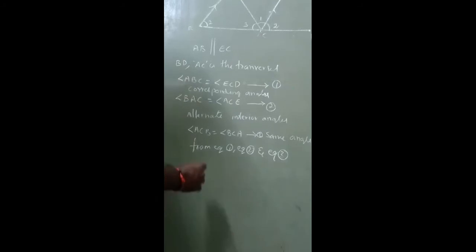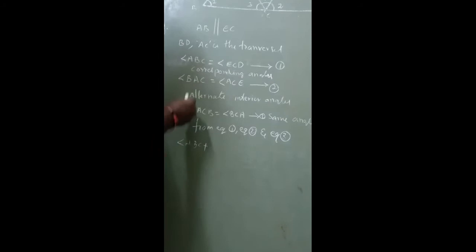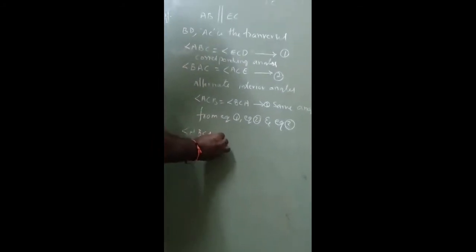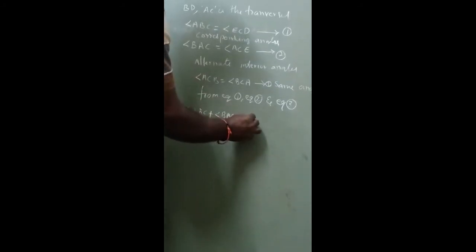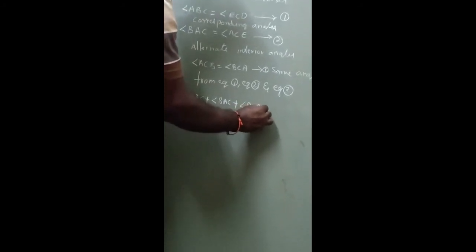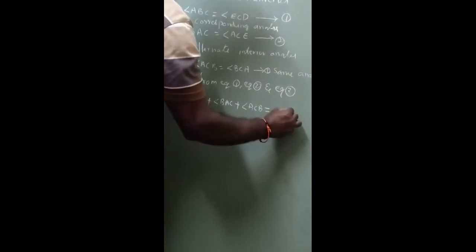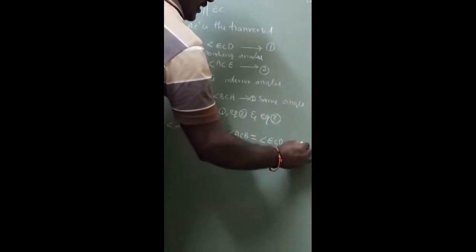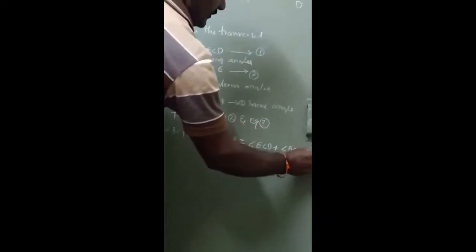Angle ABC plus, the second equation, angle BAC plus angle ACB is equal to the right side values: angle ECD plus angle ACE plus angle BCA.